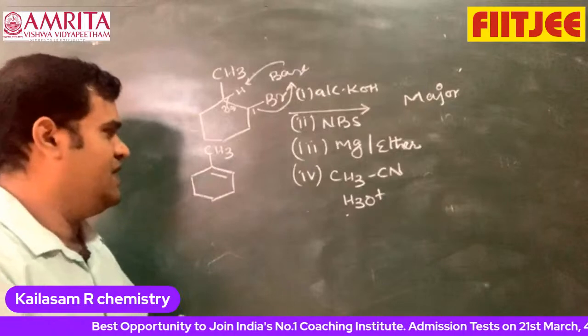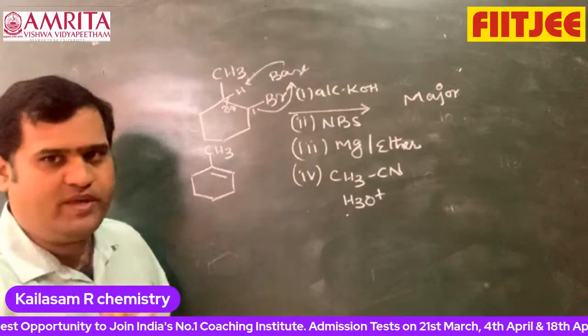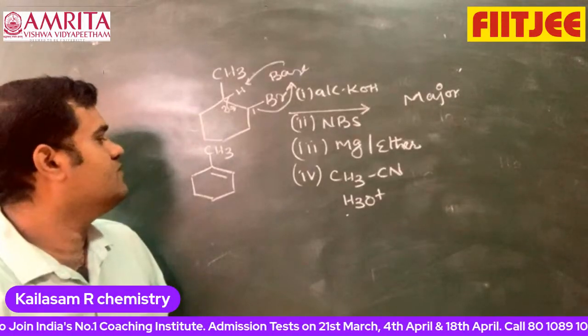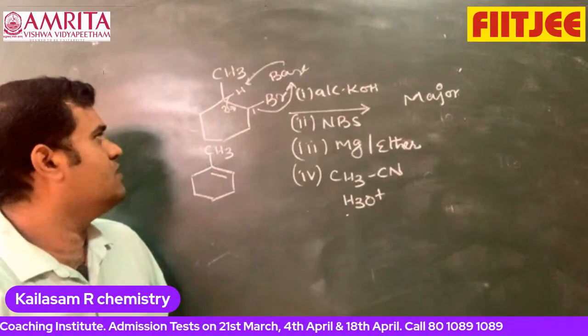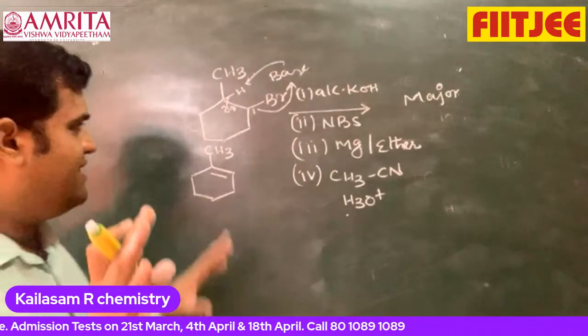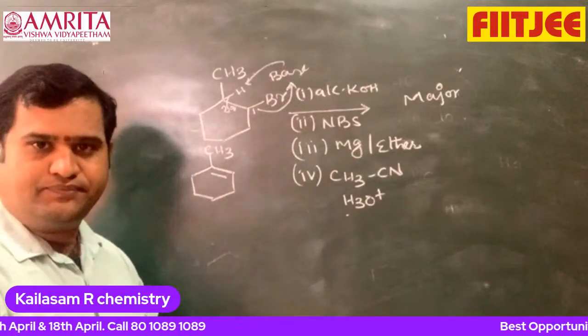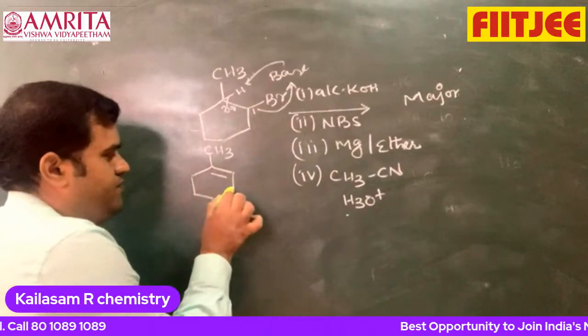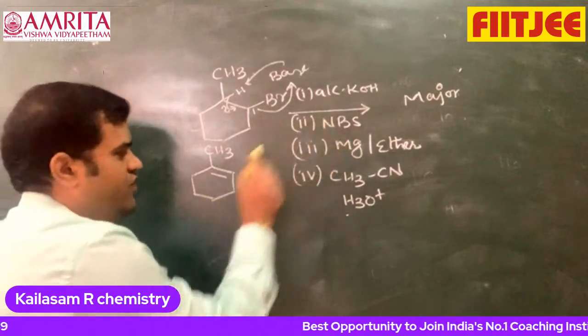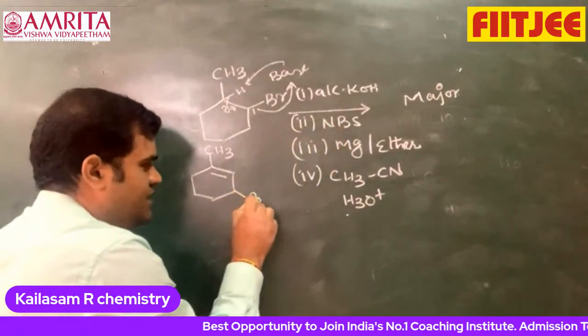The next step is NBS, N-bromosuccinimide. Here this is the allylic carbon, therefore with NBS we get Br here.